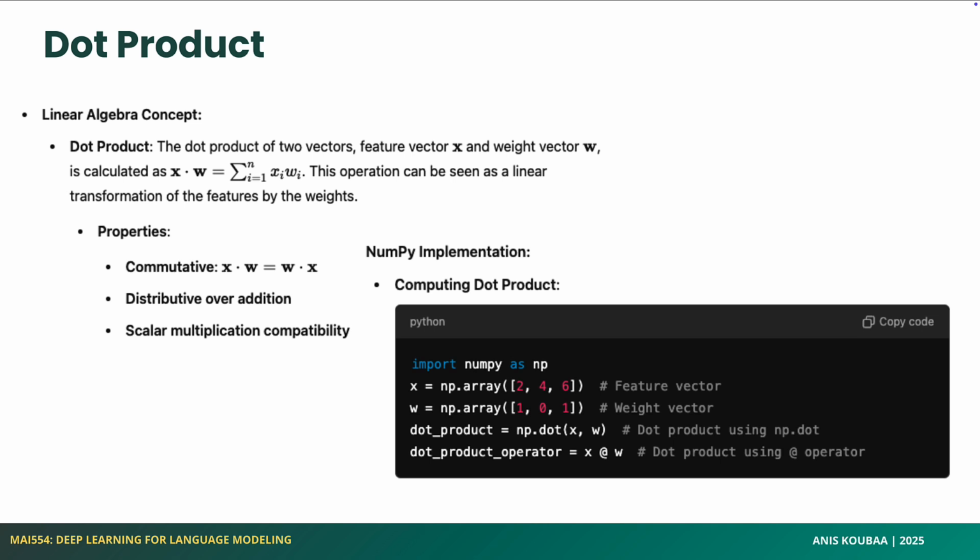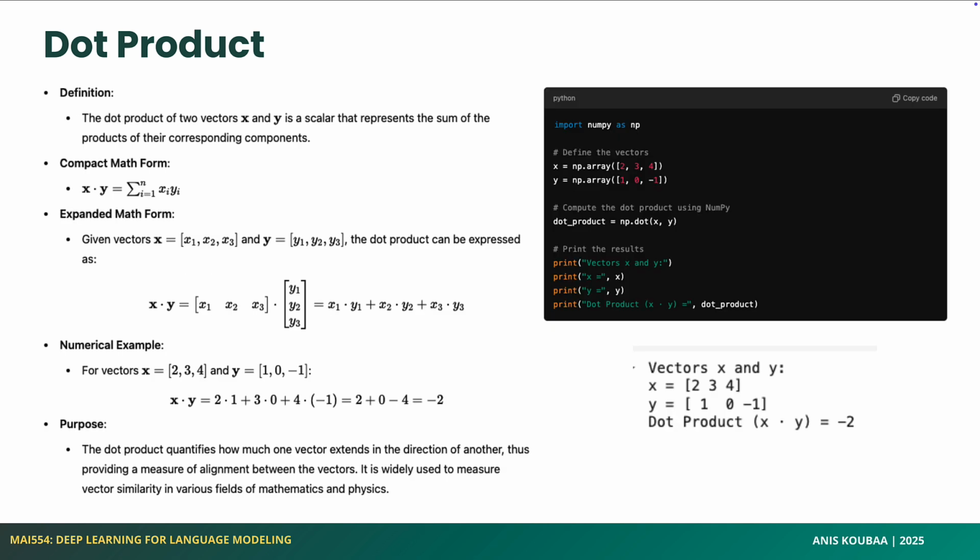This is how we can do it in NumPy. In Python, we can do np.dot(x, w). It's going to return the same thing. And we can also use the @ operator, which is equivalent in Python.